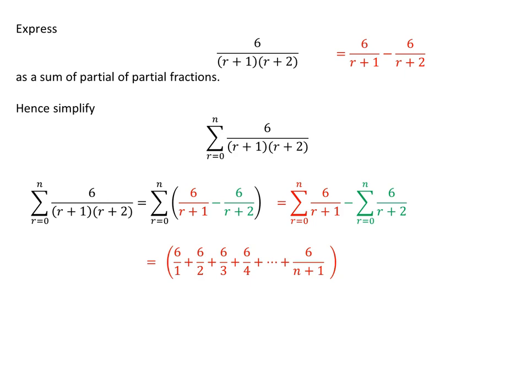And then the subtracted sum, when we put r equals 0, is going to be 6 over 0 plus 2, so that's 6 over 2. When we put r equals 1, it's going to be 6 over 1 plus 2, so that's 6 over 3. And it's going to go all the way up until we reach 6 over n plus 2.